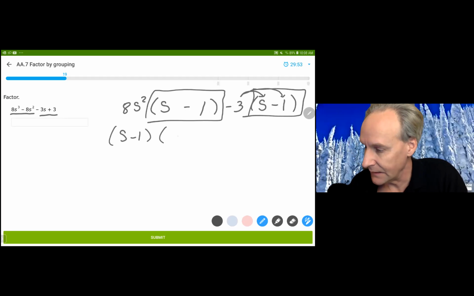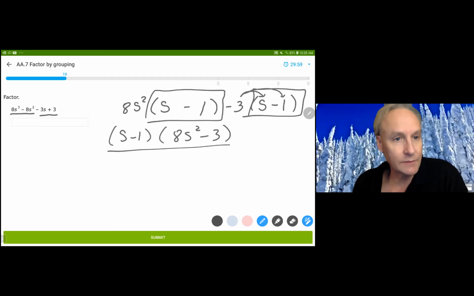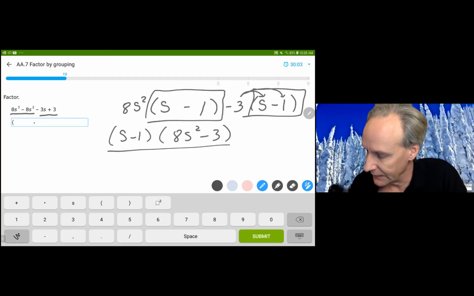And I have 8s squared minus 3. Unfortunately, that 8s squared minus 3 can't be factored any further. So we're basically done. We have s minus 1 and an 8s squared minus 3. I put some extra spaces in there just to make sure it works out.